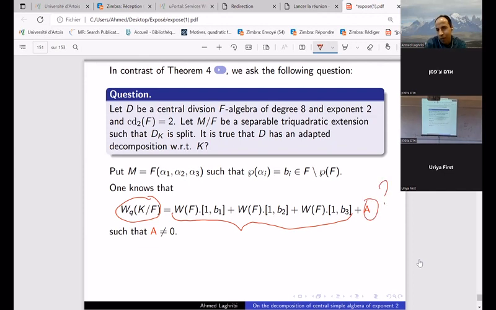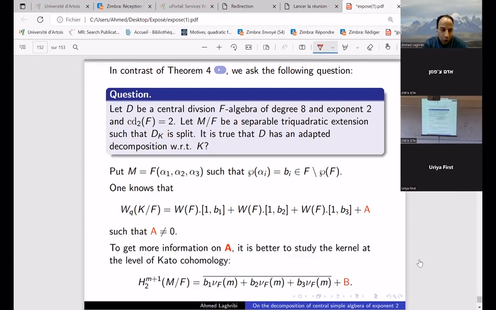Lipp and Smith, in characteristic different from 2, gave information on A. But I think the right way to get information on this part A is to start the study at the level of Kato cohomology. So to get more information on A, it is better to study the kernel in Kato cohomology. And this kernel also is the parts that we expect plus this part. But for Kato cohomology, we have more tools. We can do something in a more flexible way than with the Witt group.